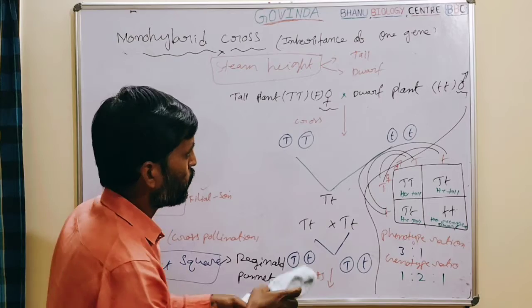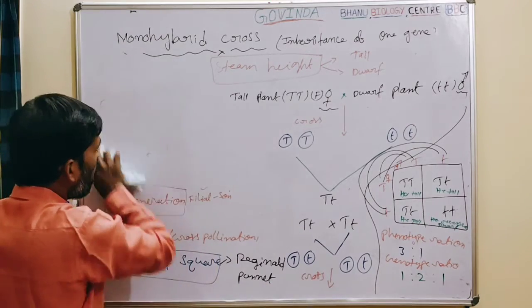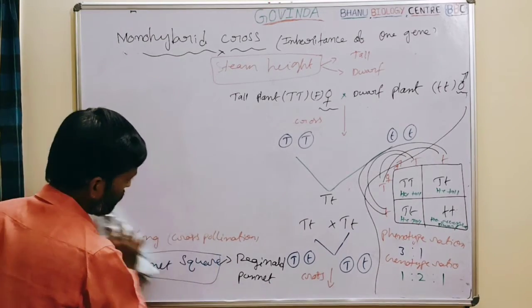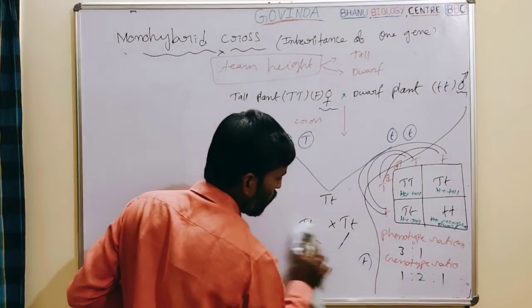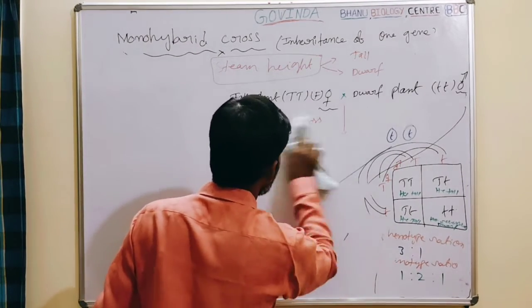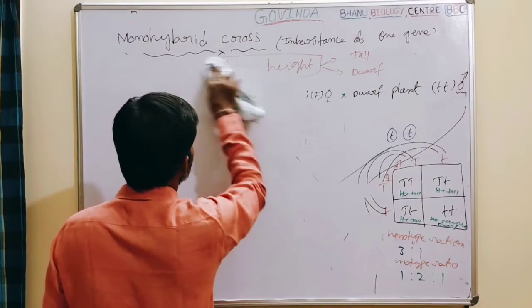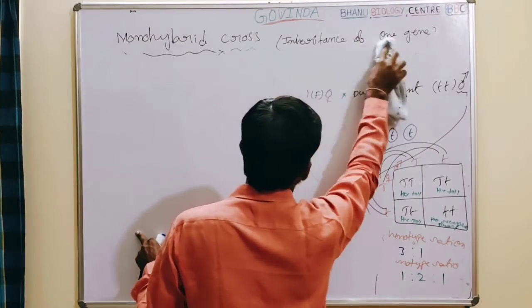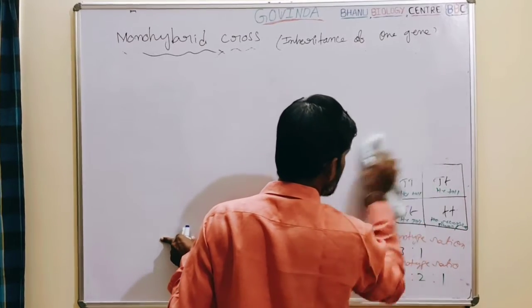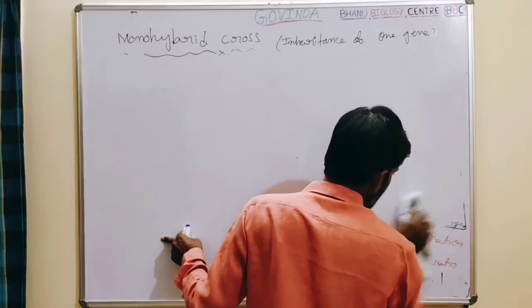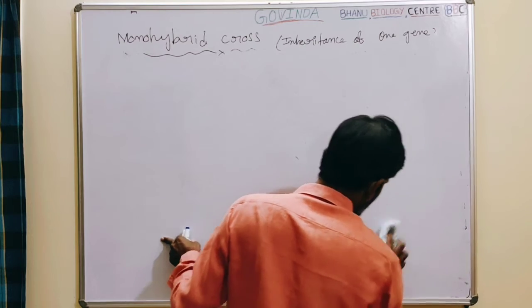Here you may have one question: how do we identify a plant as homozygous tall or heterozygous tall? Whether the plant is homozygous or heterozygous, it is in the tall condition.